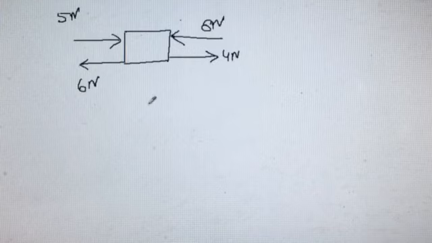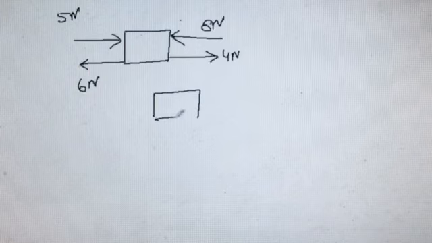So we can draw a diagram with the resultant of this 5 and 4. Both 5 Newton and 4 Newton are acting to move the body in the right direction.